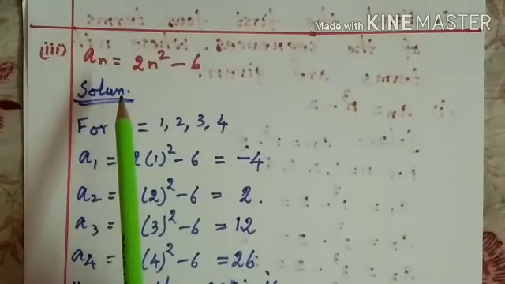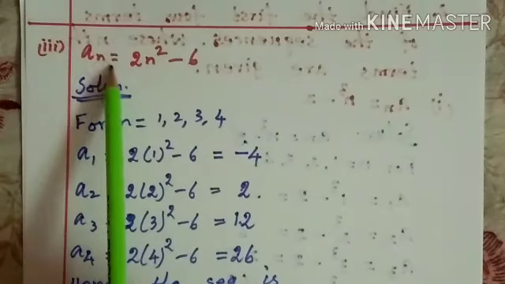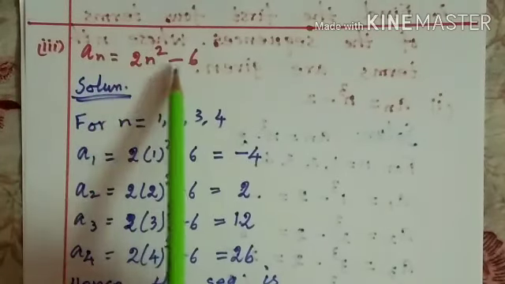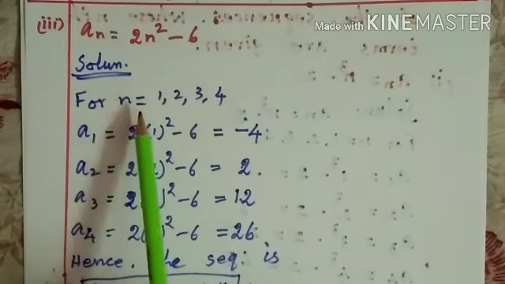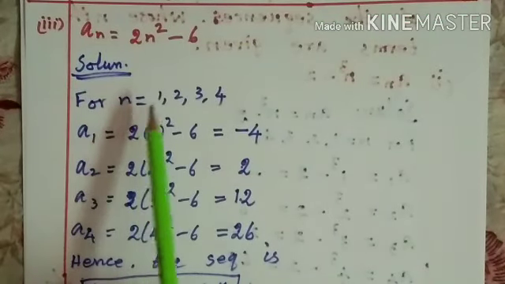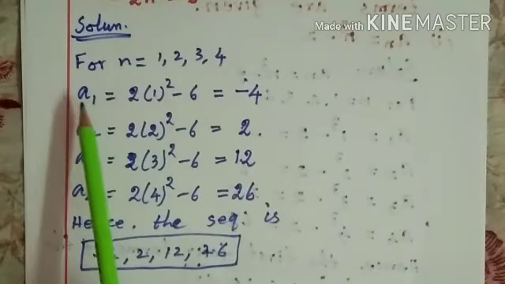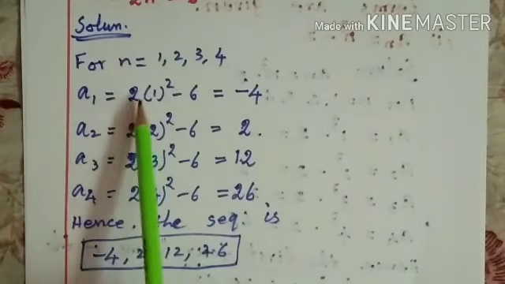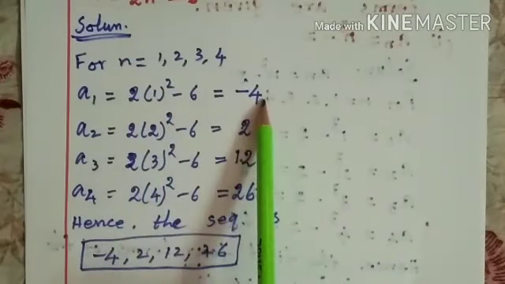Now we move on to the third subdivision. The given nth term is a_n is equal to 2n squared minus 6. Here also you have to find for n equal to 1, 2, 3, 4, up to 4. For n equal to 1, a1 is equal to 2 into 1 squared minus 6. You have to simplify this and we get -4.